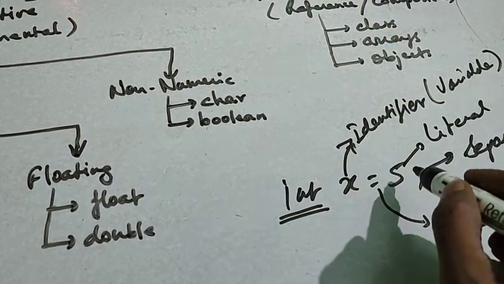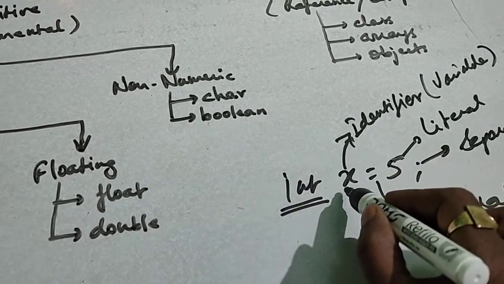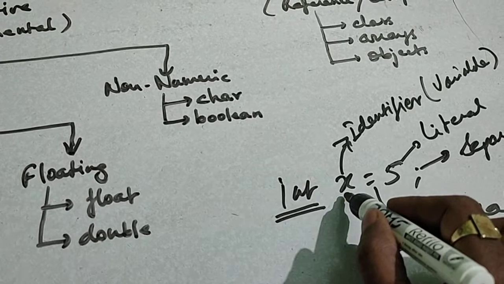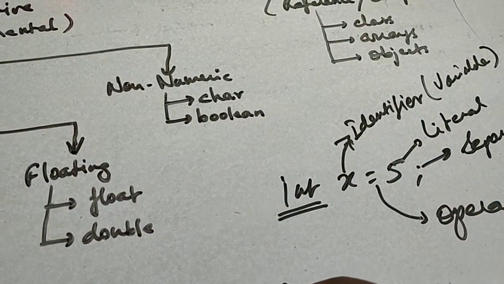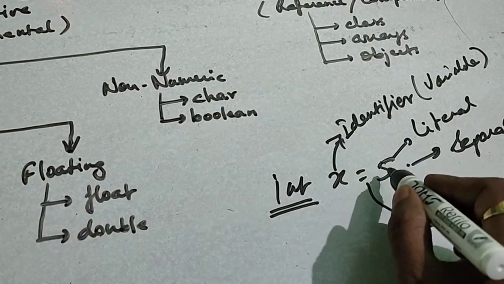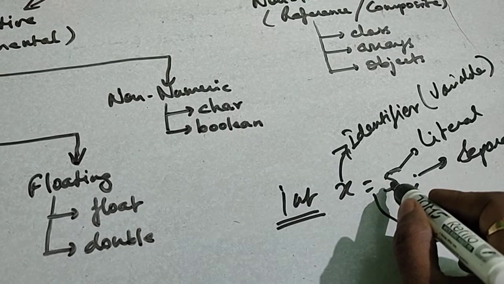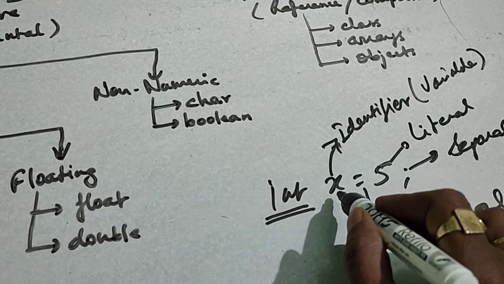So we are assigning 5. So 5 being a whole number is assigned to x using the equal to sign, that is an assignment operator. So using an assignment operator, we are able to assign the value 5 to a variable known as x.